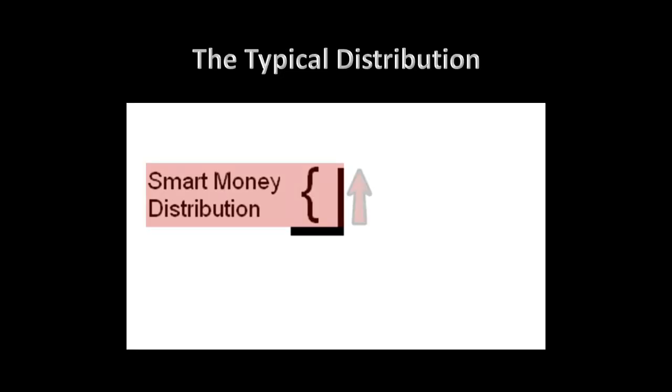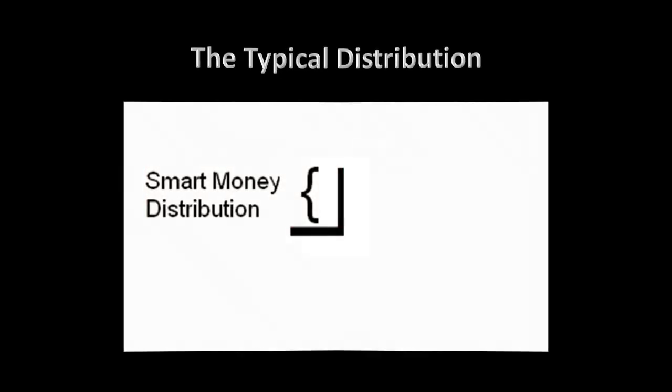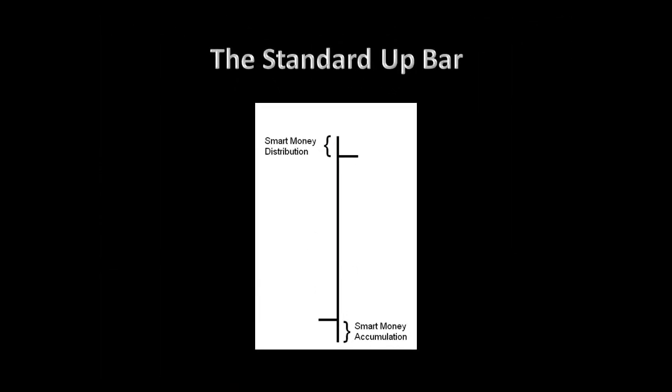The swing up from the opening in bearish environments is typically classified as the fake out move or Judas swing up into the slaughterhouse. So the smart money will be doing their dirty work in this region to get short. Okay, the standard up bar.